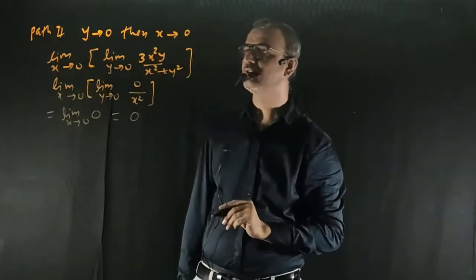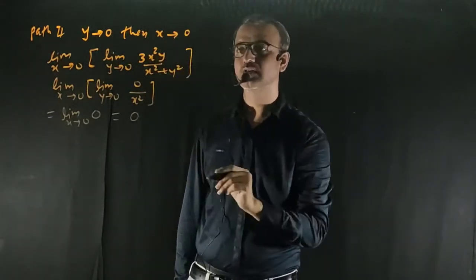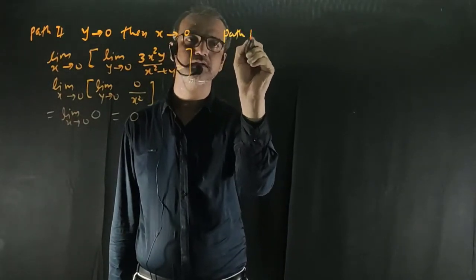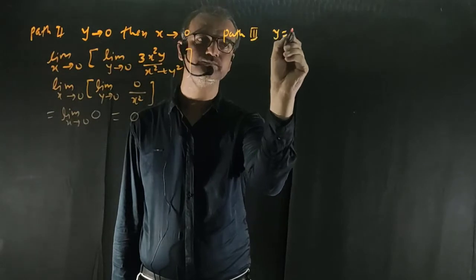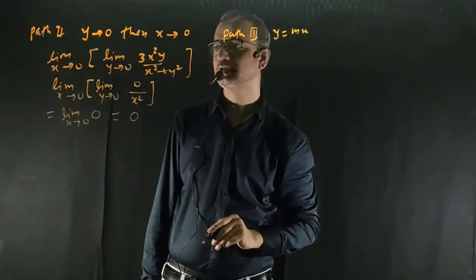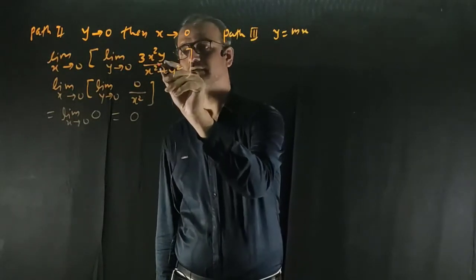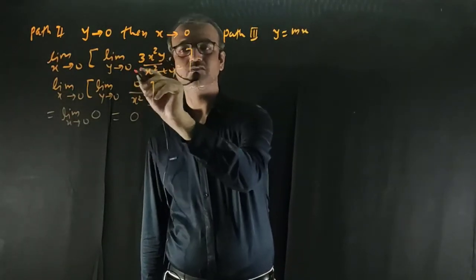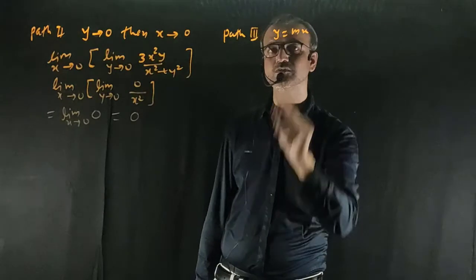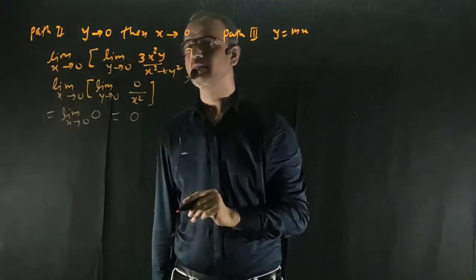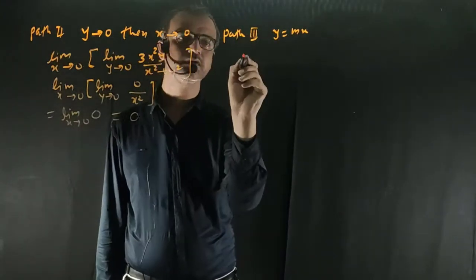Now we will find out the limit of this function along the path y equals mx, that is path 3. If we replace y by mx, as y tends to 0, then mx tends to 0, but m is a constant value, so x tends to 0, and the limit is converted into a single variable.